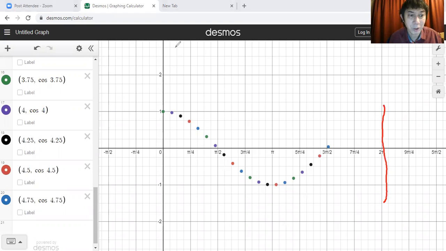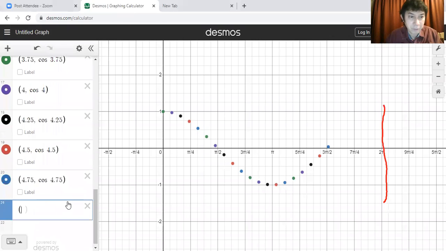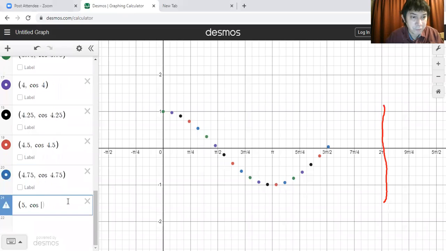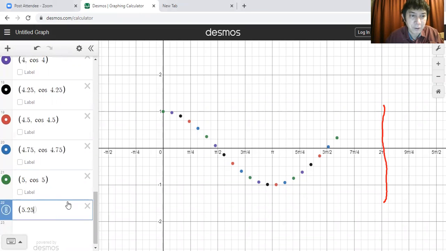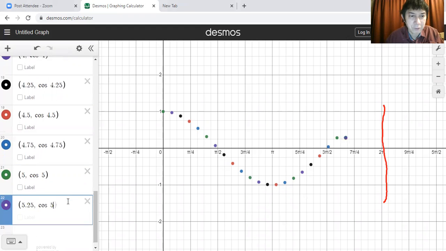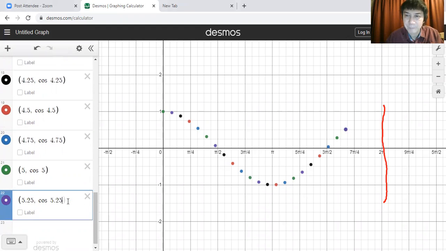So we continue with our x. The next value of x will be 5. From here we will have 5 for x, cosine 5 for y, and then 5.25 for x, cosine 5.25 for y.